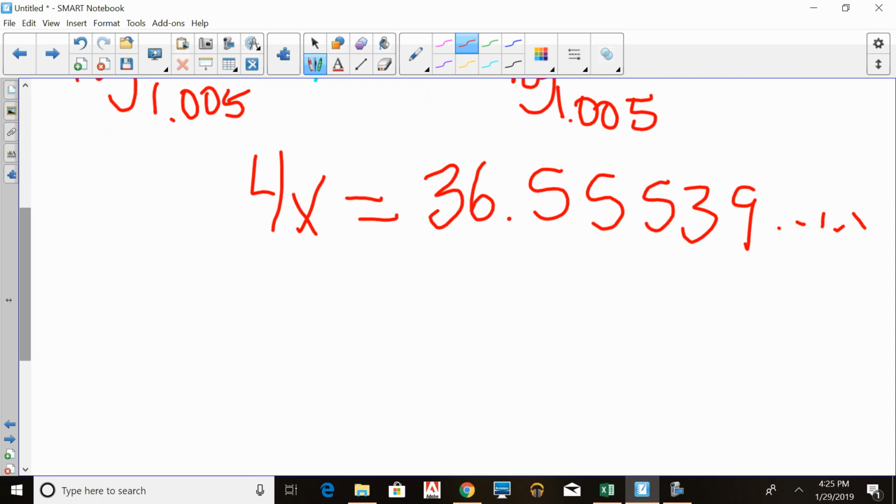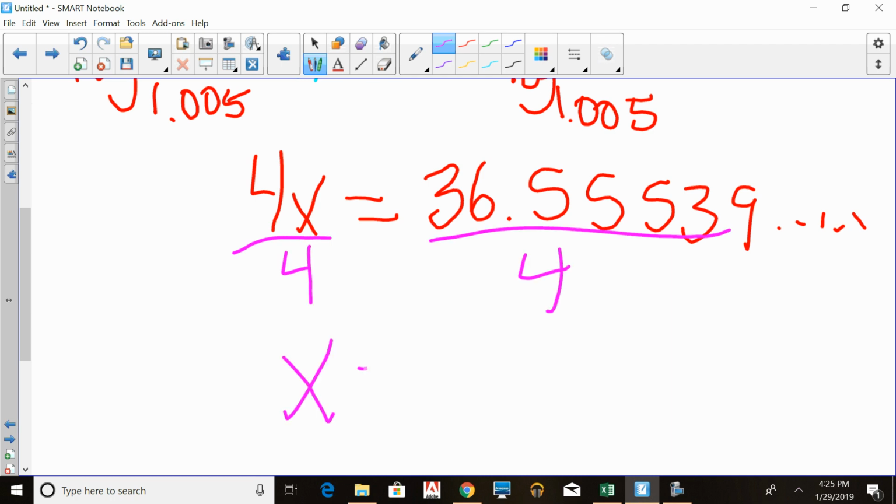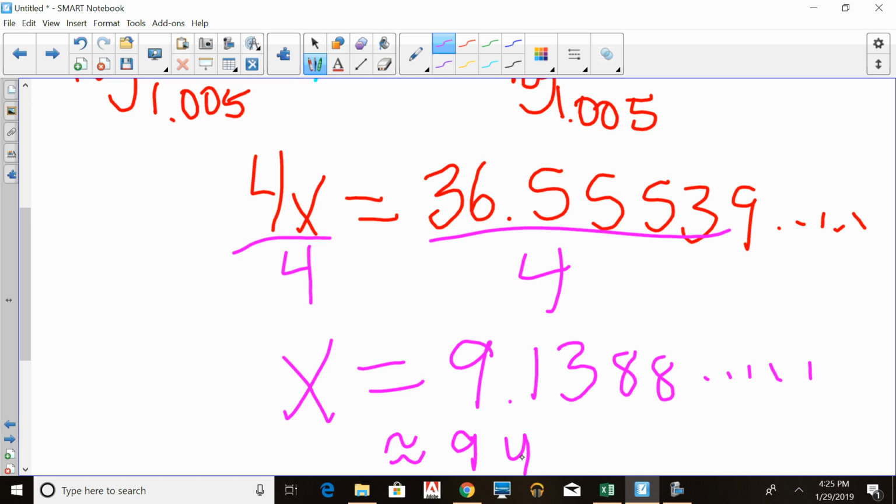And so therefore, we then finally need to divide by 4, which would be 9.1388 and change, so approximately 9 years.